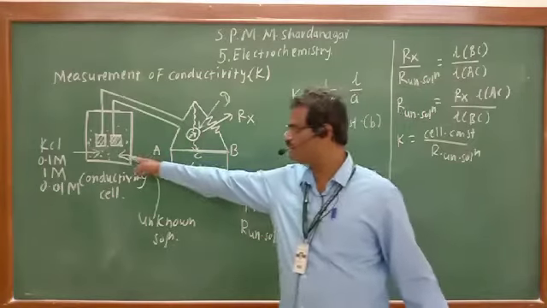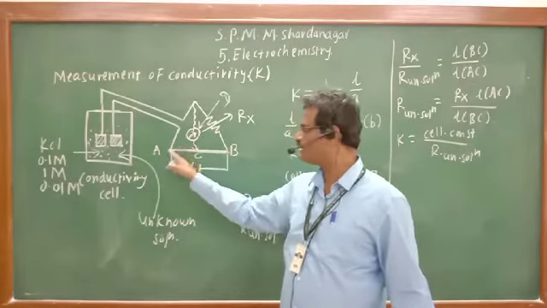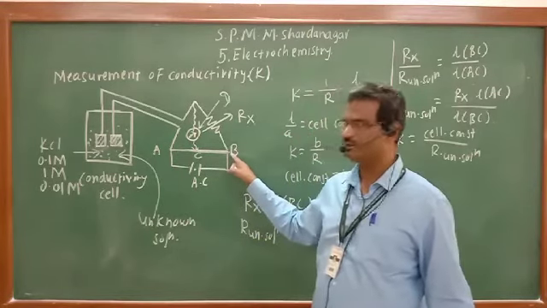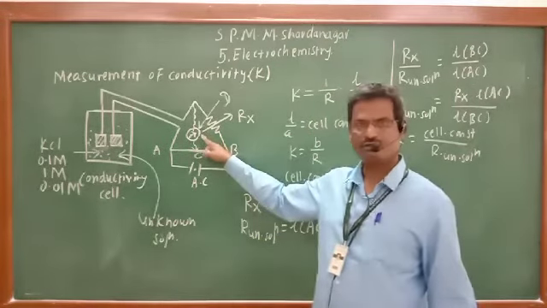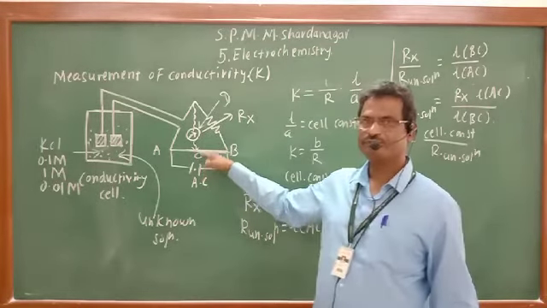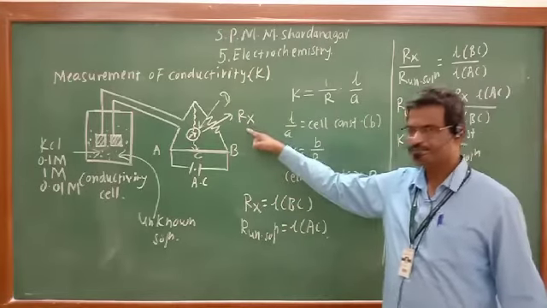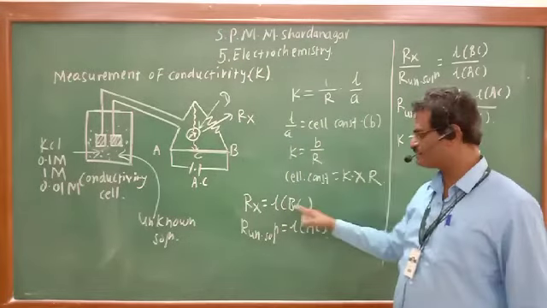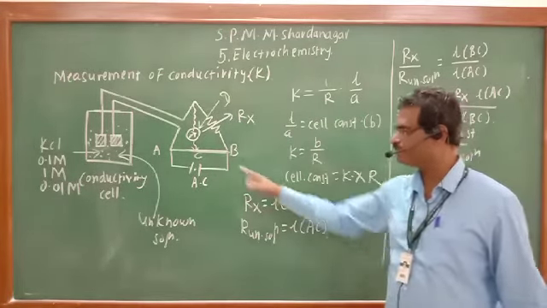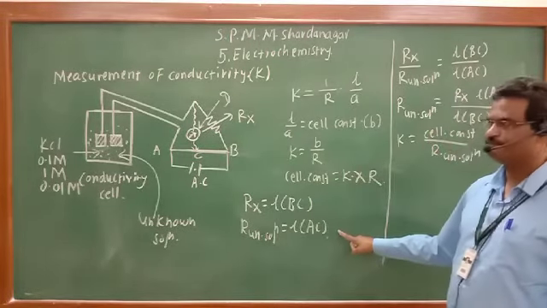Here unknown solution is taken. KCl is replaced by unknown solution. Sliding contact is pressed on wire AB so that galvanometer shows zero deflection. Let at point C, zero deflection is obtained. So Rx, known variable resistance, is directly proportional to length BC, and R of unknown is directly proportional to length AC.